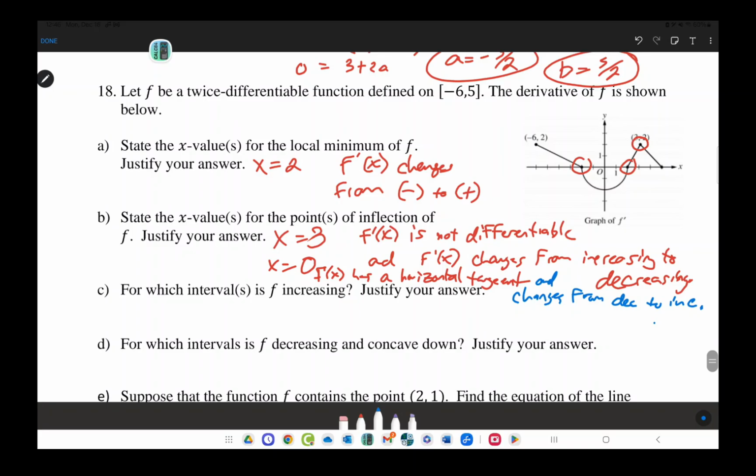You could probably also say that f double prime changes signs, because it would. The second derivative would change signs at those points. That would be a whole lot easier than saying changing from increasing to decreasing.